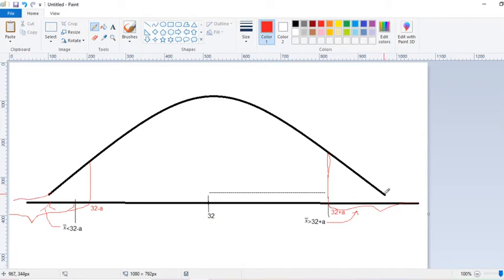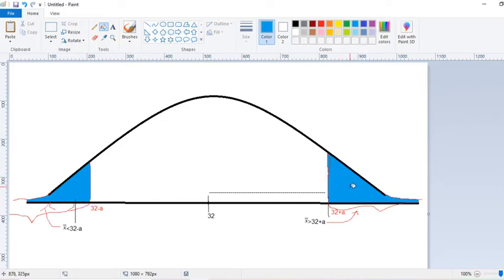Let us put some color so that you can understand the concept. These are the probabilities.